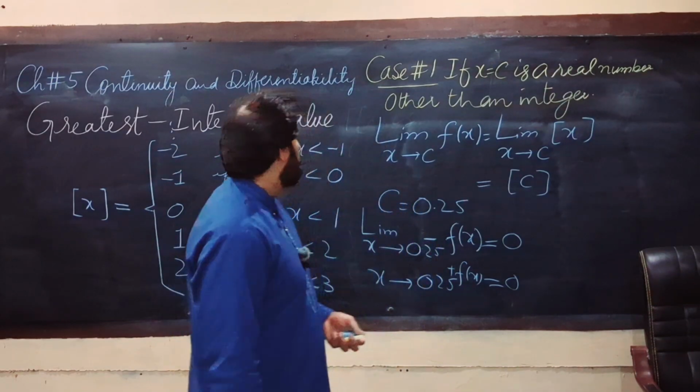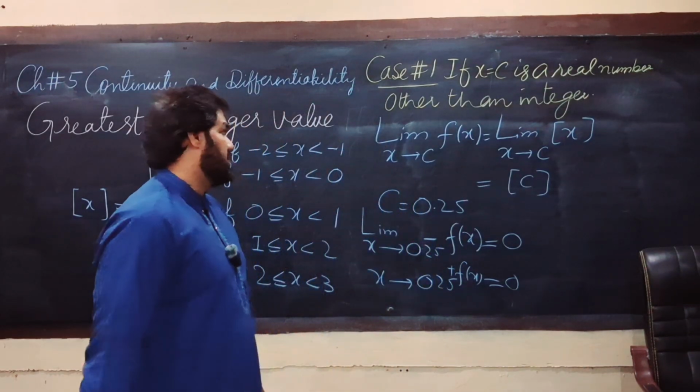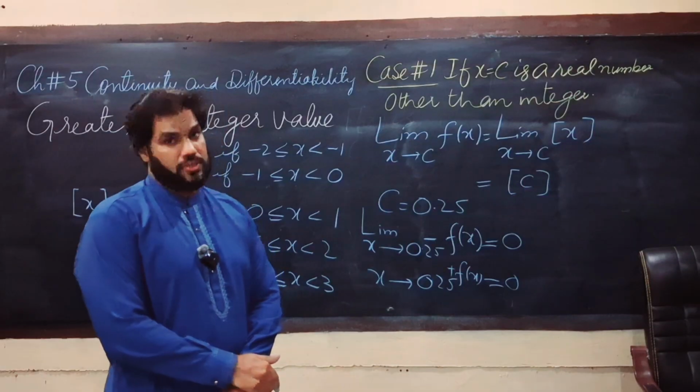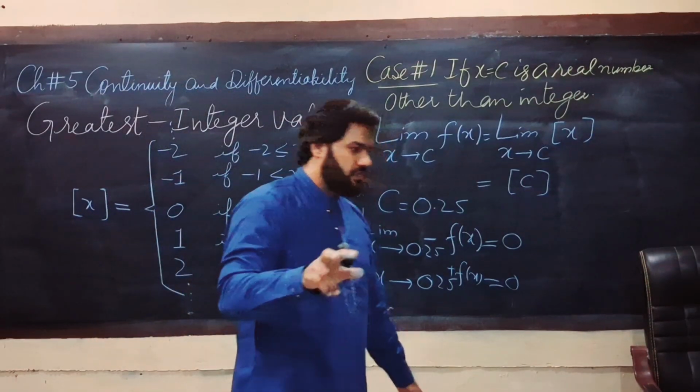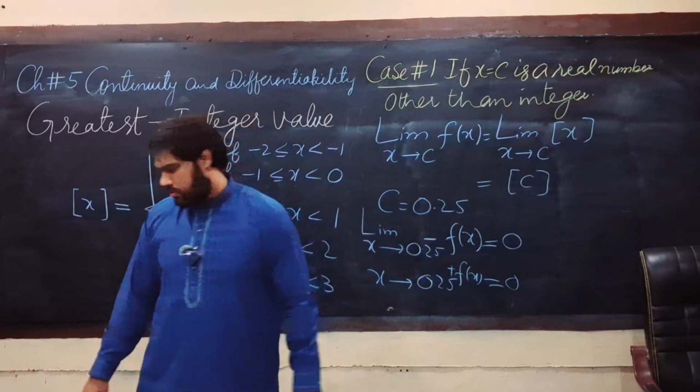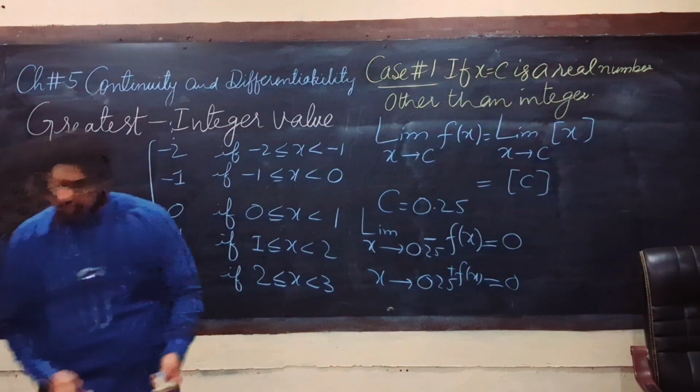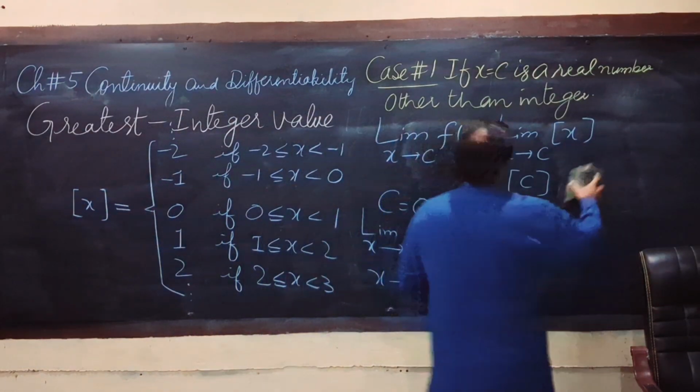In the second case, if x equal to c is an integer, now it will always have two values.